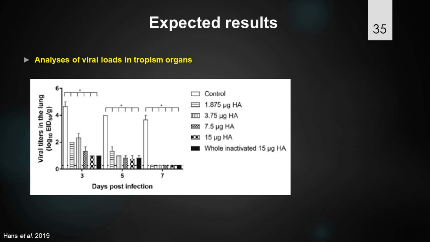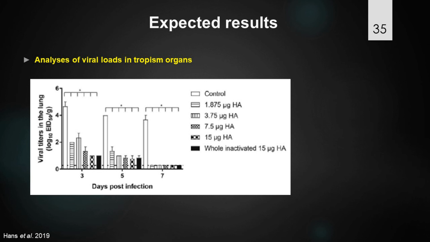So what is the EID 50? One EID 50 unit is the amount of virus that will infect 50% of inoculated eggs, and EID stands for embryo infectious dose.